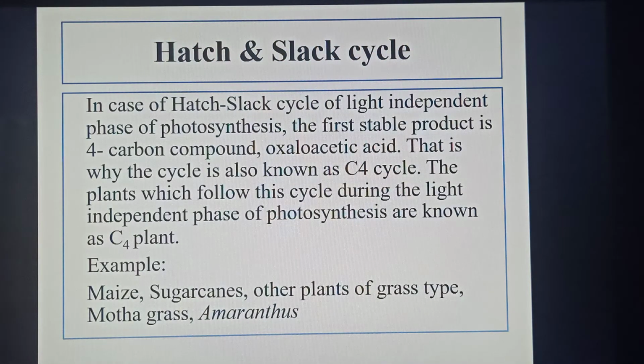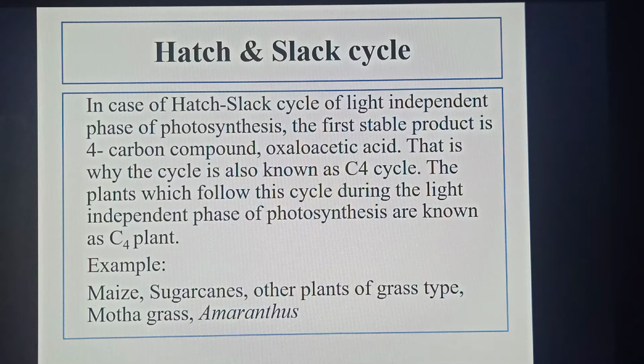Then, the Hatch and Slack cycle. In the Hatch and Slack cycle of the light independent phase of photosynthesis, the first stable product is the 4-carbon compound oxaloacetic acid, and for this reason the Hatch and Slack cycle is also called the C4 cycle.